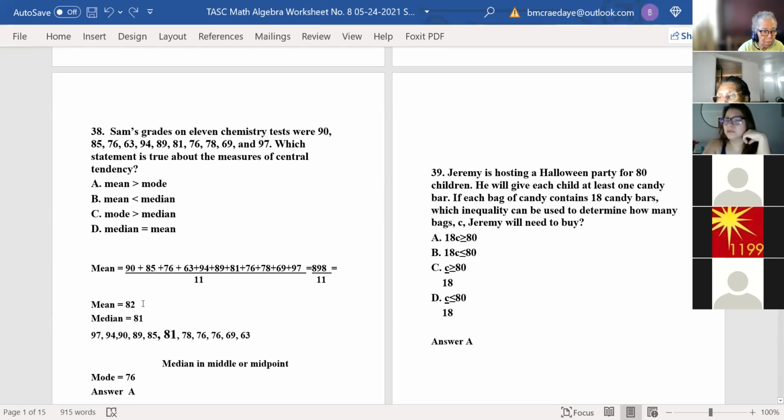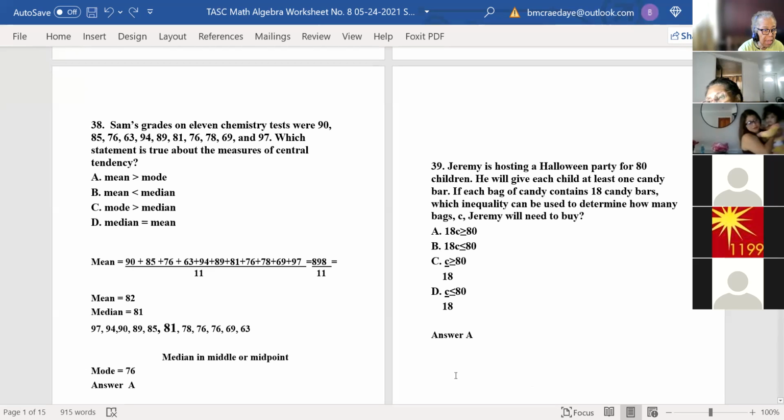The median is the one in the middle, and since it's 11 numbers, there's just one number in the middle, and that's 81. So the median, you got 81. What's your mode, Alva? My mode was 76. 76, right? Yes.